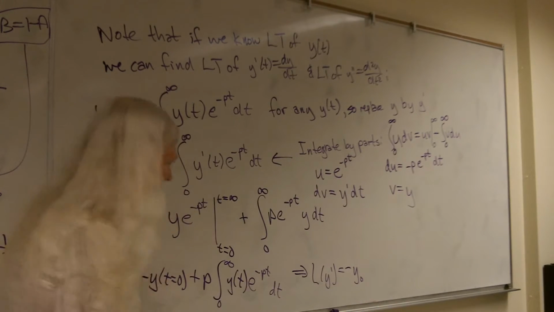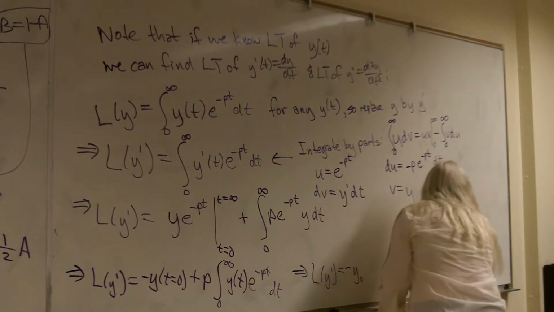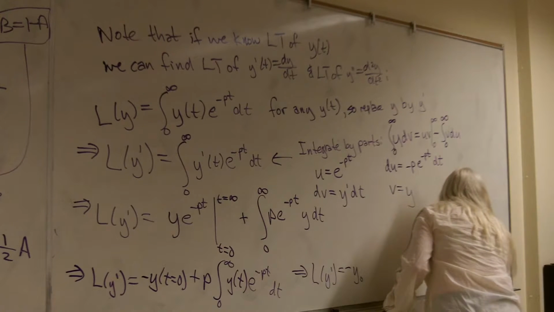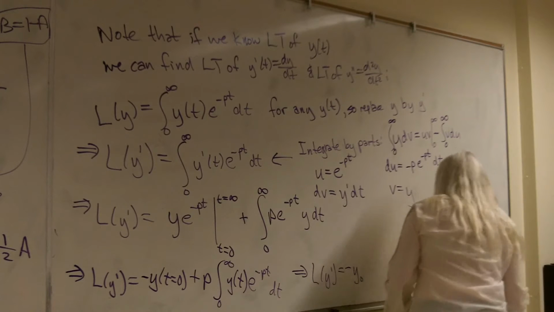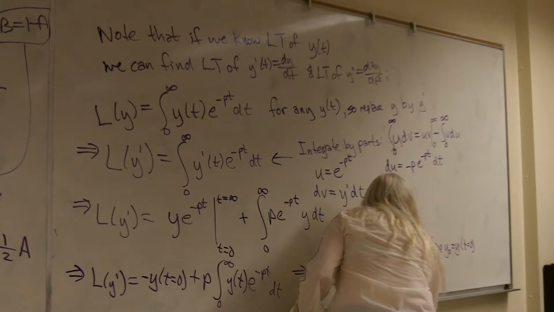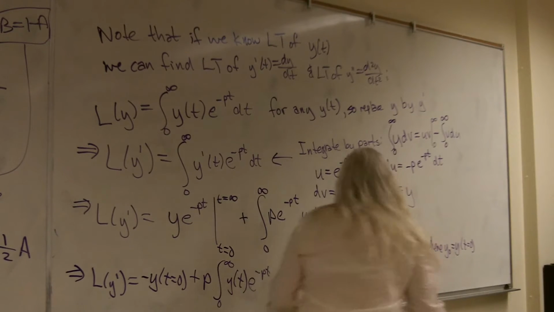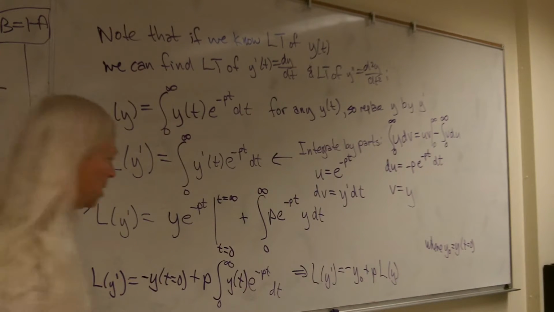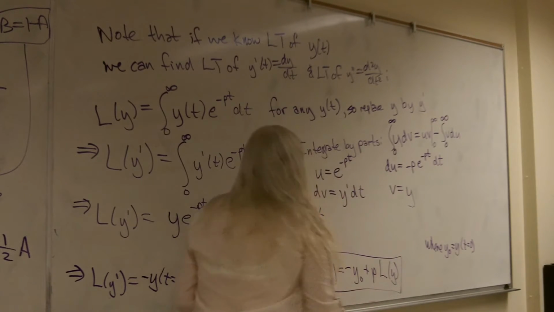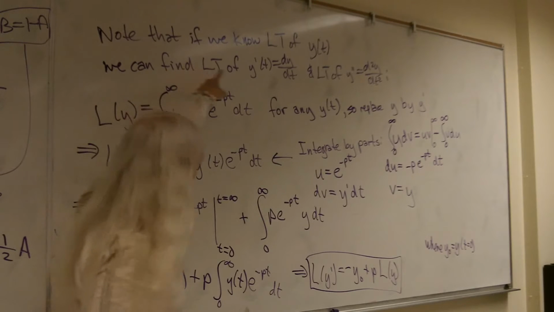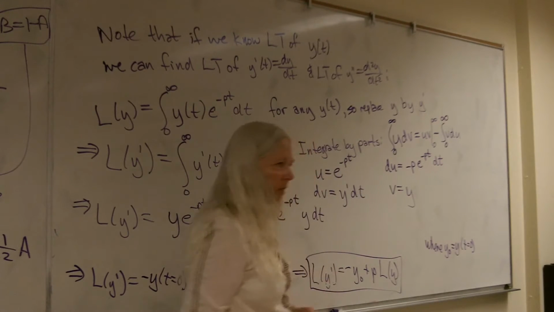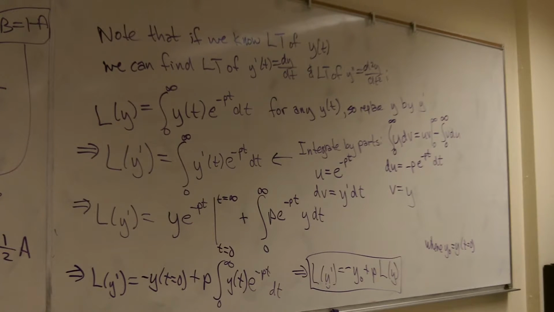That means y at t equals 0. Plus p times the Laplace transform of y. So if we know the Laplace transform of y, we know what this is, in other words. Here's our equation for the Laplace transform of y prime. Okay.